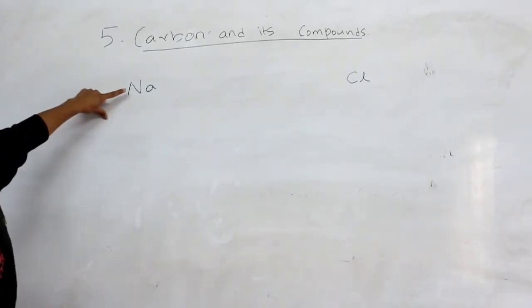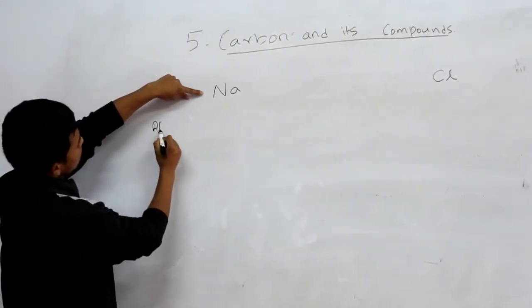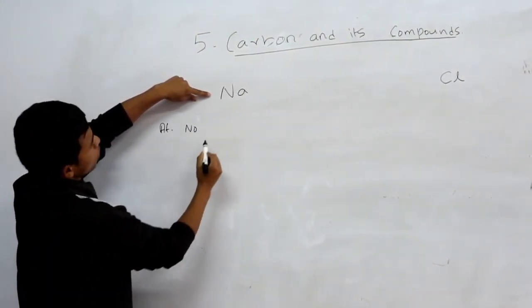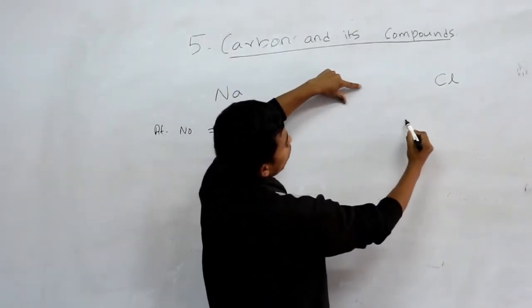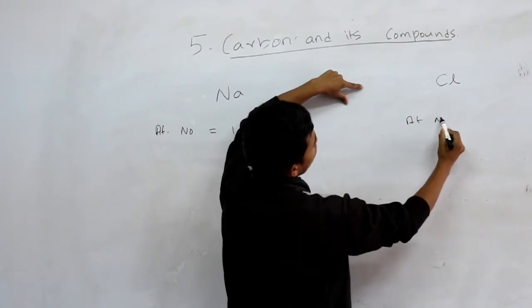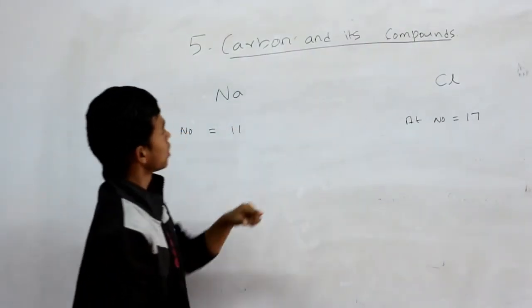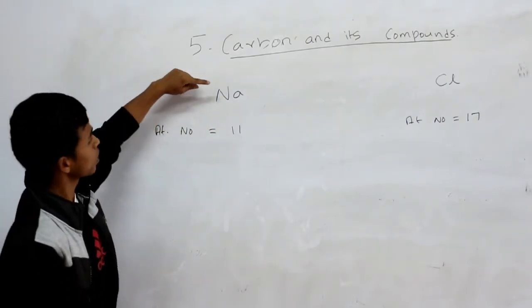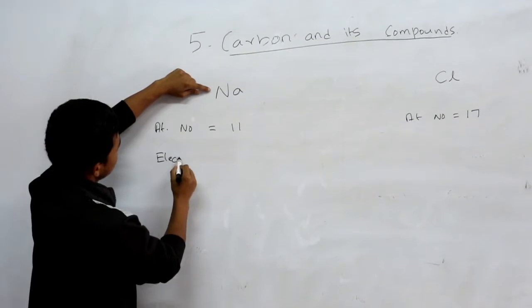We know that the atomic number of sodium is 11, and the atomic number of chlorine is 17.